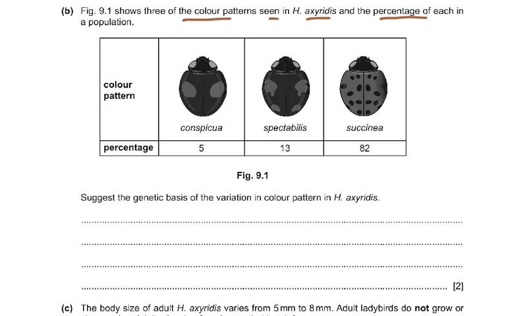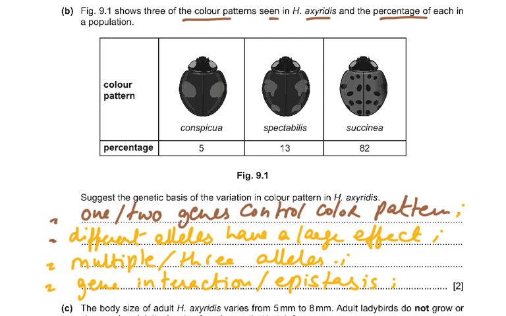One or 2 genes control the color pattern. Different alleles of a gene have a large effect, multiple or 3 alleles, and there could be gene interaction or epistasis. So you could have written any 2 out of these.